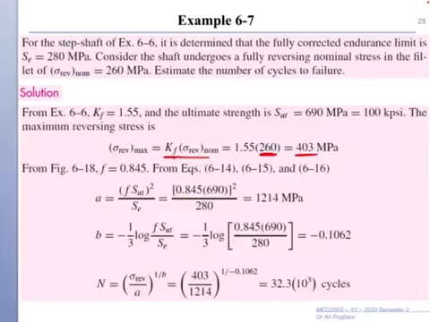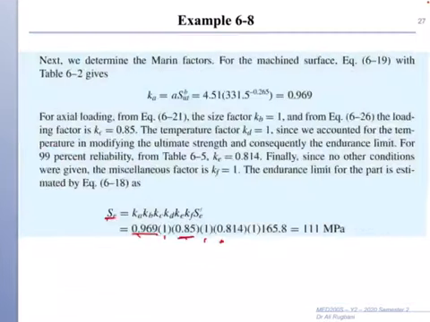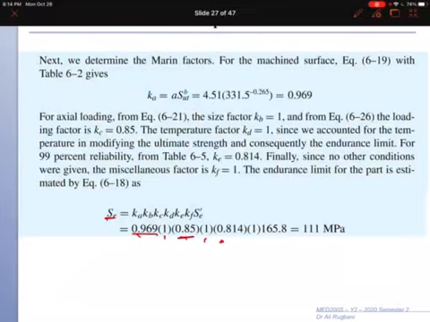If temperature is given, you can calculate temperature factor. If reliability is given, you can calculate reliability factor. If they are not given, then they just equal 1 and don't have an effect. In this example, the endurance limit was 165, that's 0.5 of ultimate strength. And when we added all the factors, it changed to 110.